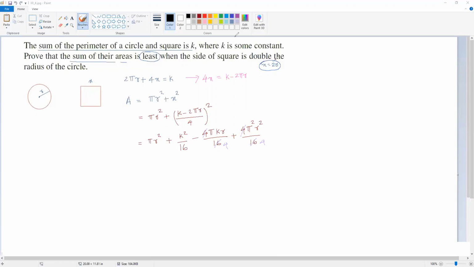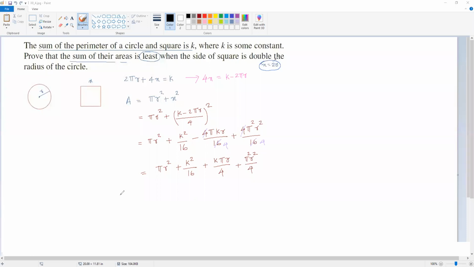So this is equal to pi r square plus k square by 16 minus k pi r divided by 4 plus pi square r square divided by 4.